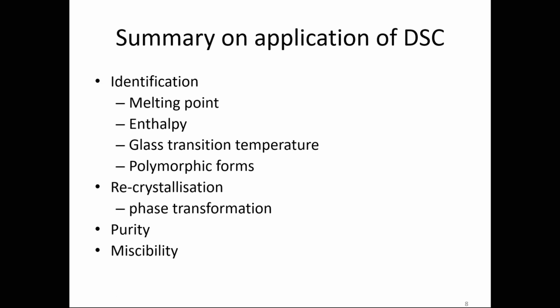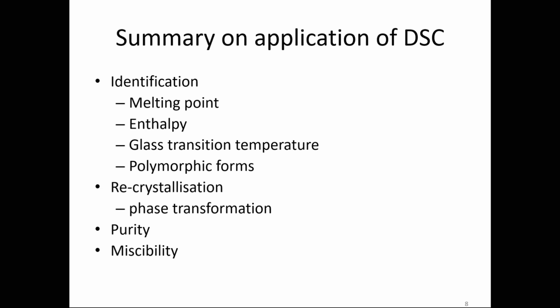So what sort of information could you get from DSC, and what sort of applications are possible? First, you could use DSC for identification of different compounds, for identification of melting point, for identification of melting enthalpy.